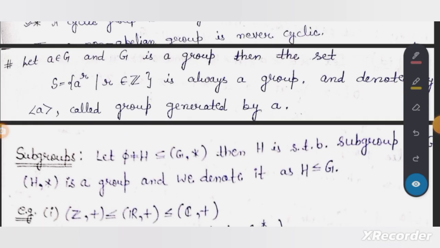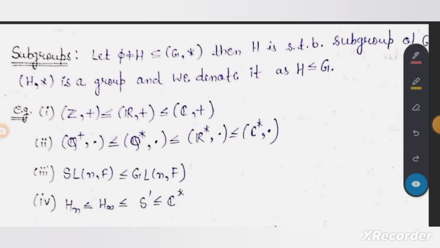Okay. Now the term is subgroup. What is a subgroup? Let (G, star) be a group and we have a non-empty subset H of the set G. Then H is said to be a subgroup of G if H is itself a group with respect to the same binary operation as that of G. So H is a non-empty subset of G and H is said to be a subgroup if (H, star) is a group itself.